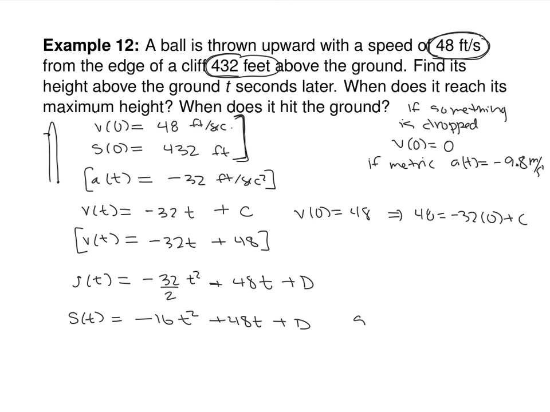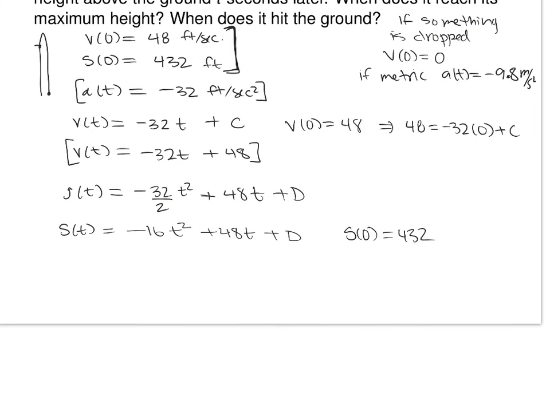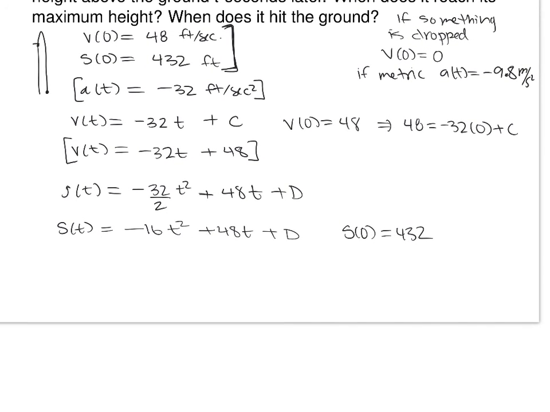And you know that s of 0 is 432, right? So that's going to tell you what the d is. So your position is negative 16t squared plus 48t plus 432.